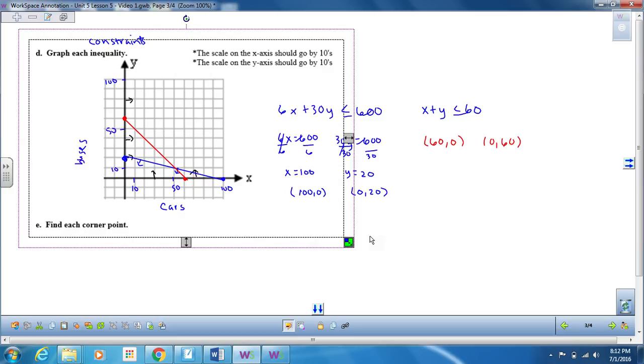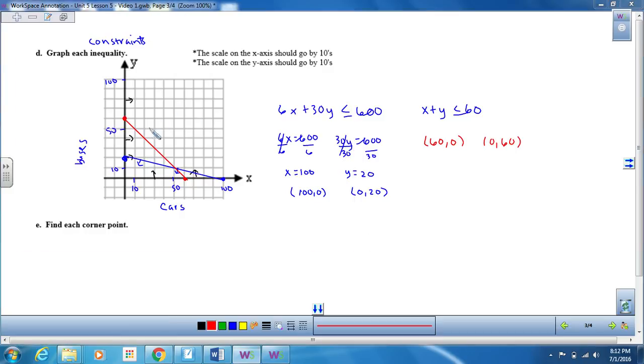So I'm shading below this one again, too.